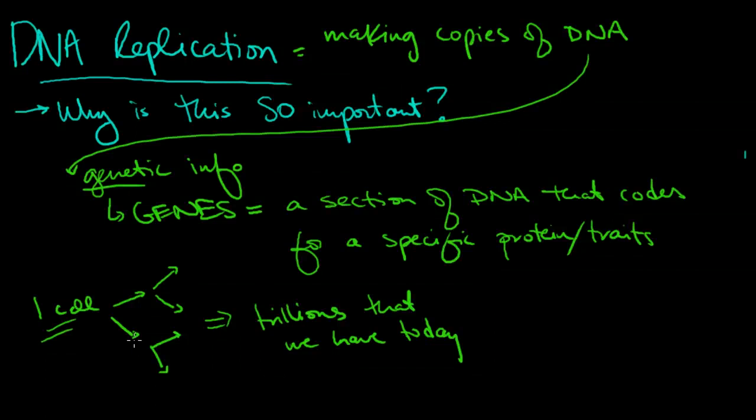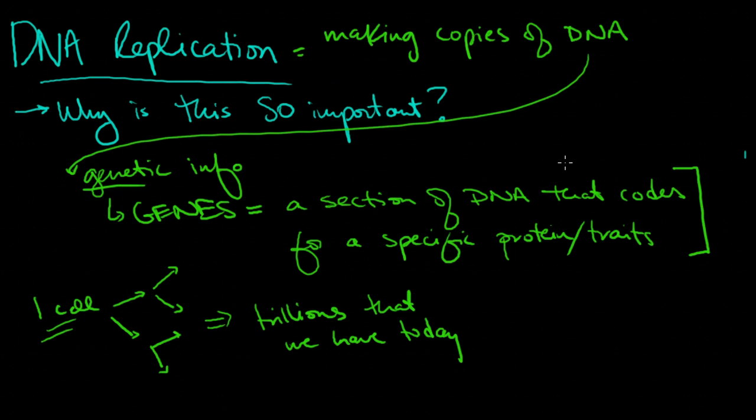So they're carrying around all the information, but only reading small sections of it, depending on what kind of cell we're talking about. This is really the key idea of why we need DNA to be copied: so that each cell can make the protein it needs.